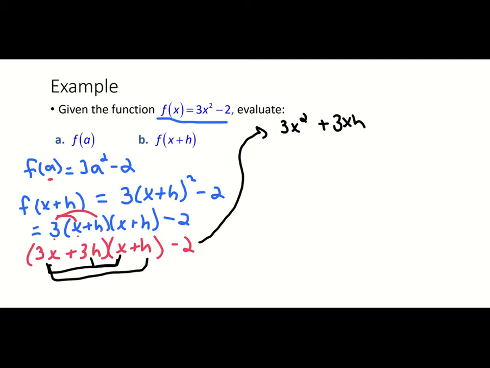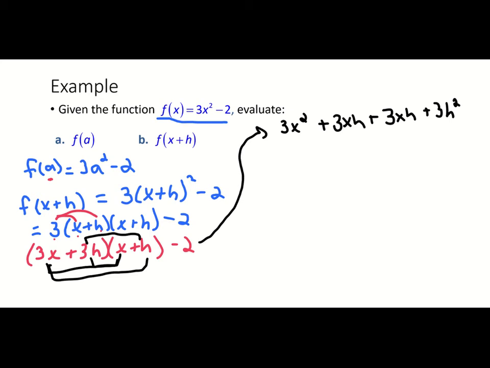So 3h times x, and I'm going to keep my variables in the same order, it will be plus 3xh. And then my last two, 3h times h will be plus 3h squared.